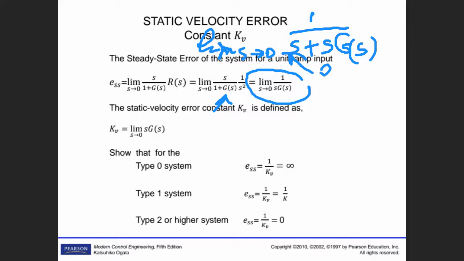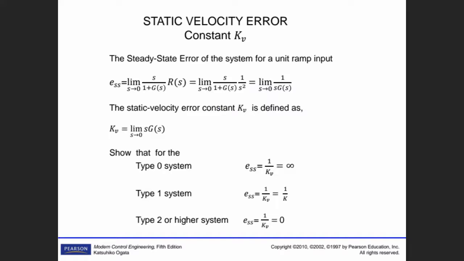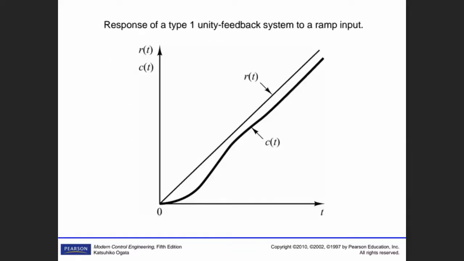And then, of course, according to type of the system: if type is 0, your error becomes infinite, since there's s involved here. For type 1 system, your error becomes 1 over K. For type 2 and higher system it is 0. And that is the response.